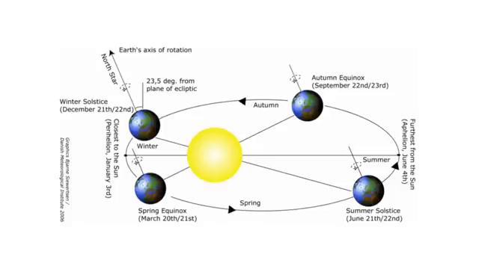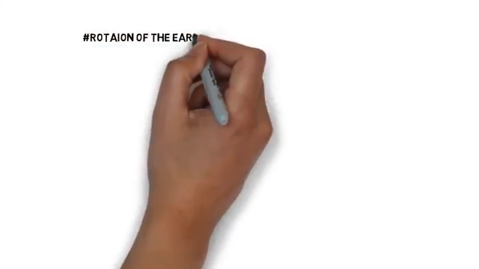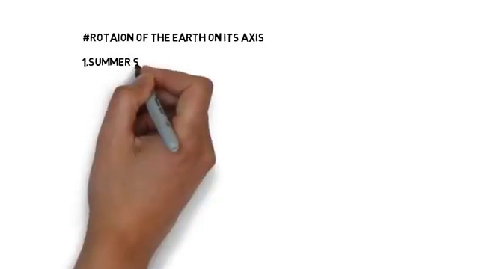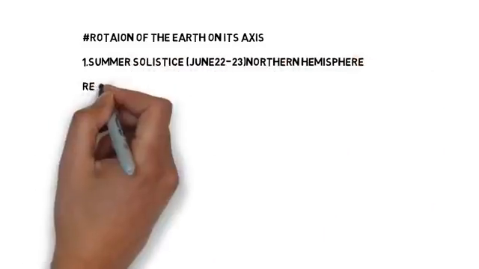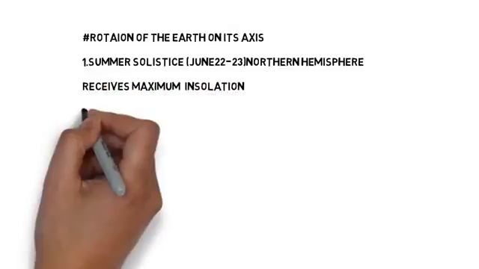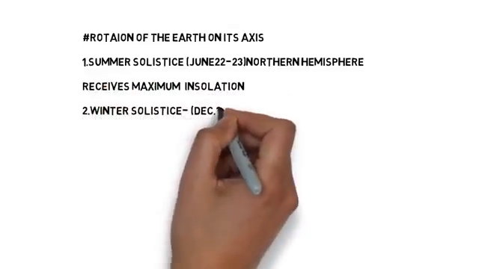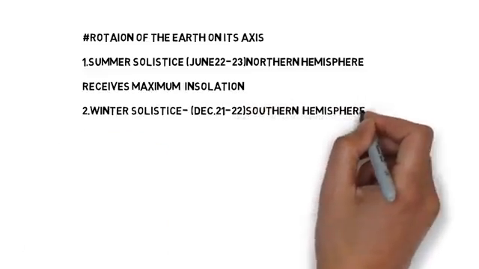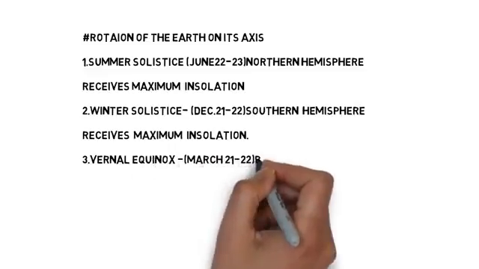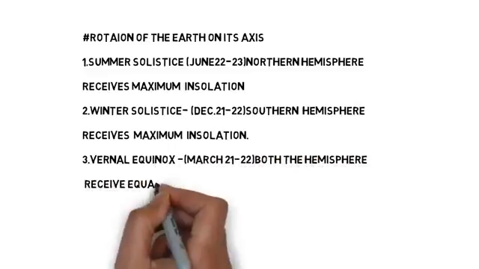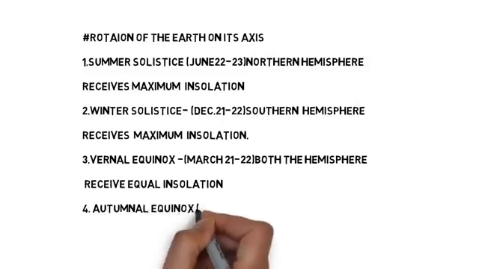The Earth's axis makes an angle of 66.5 degrees with the plane of its orbit round the sun, which means that different latitudes receive different amounts of insolation throughout the year. This causes solstice and equinox. On June 21st or 22nd, summer solstice occurs in the northern hemisphere, which receives maximum insolation during this time, while winter solstice occurs on December 21st or 22nd in the southern hemisphere when it receives maximum insolation.